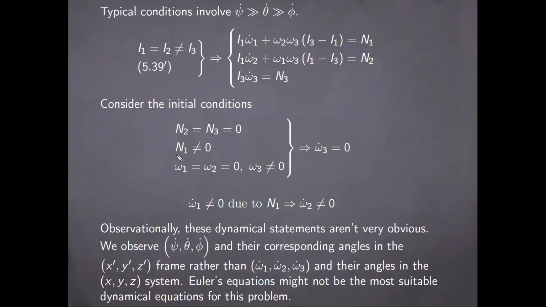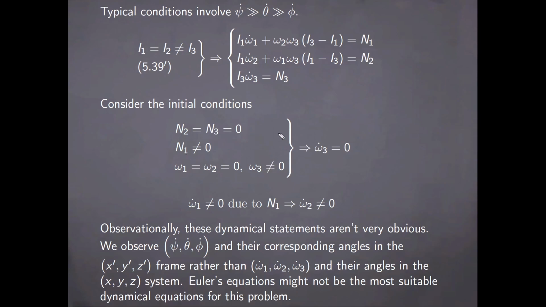Now we are going to take under consideration the following set of initial conditions. Only the first component of the torque is non-vanishing, and only the third component of the angular velocity is non-vanishing. So the top is rotating only about its symmetry axis, and we have a torque applied in a direction that is perpendicular to it.